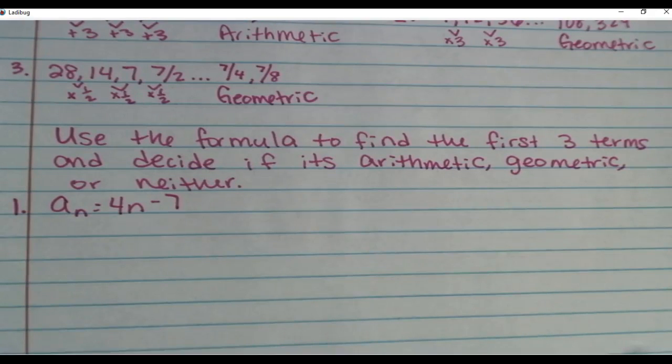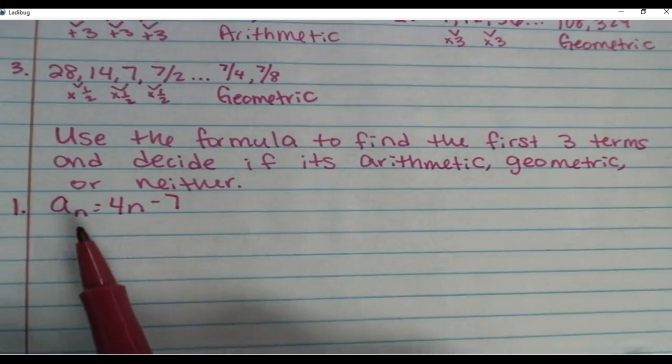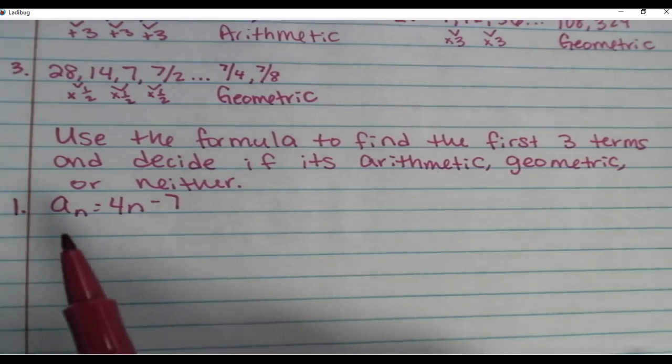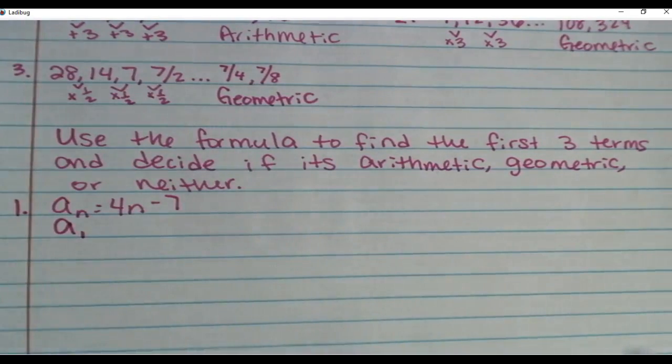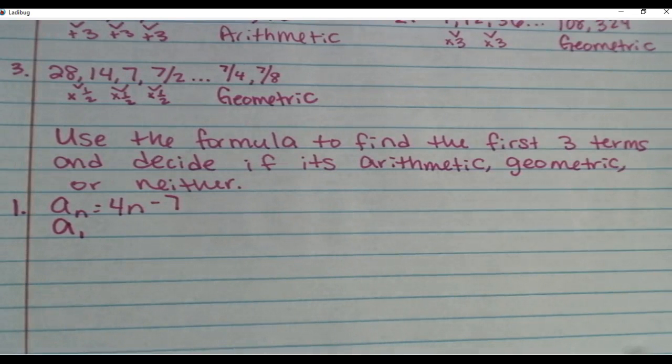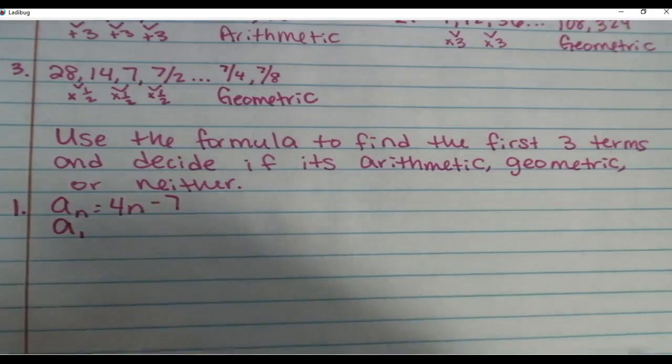So in these problems, it's all about terms. What term are you looking for? What term do you know? So the n represents the term. So if I wanted to find the first term, I do a sub 1. So that doesn't mean a times 1. That means a sub 1, which means the first term.